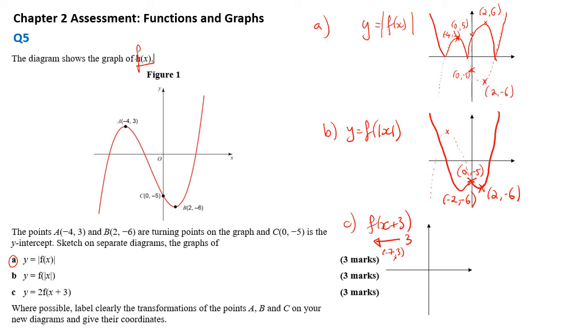The point 0, minus 5 becomes minus 3, minus 5. And the point 2, minus 6 becomes minus 1, minus 6. So I would have minus 3, minus 5, minus 1, minus 6 there.